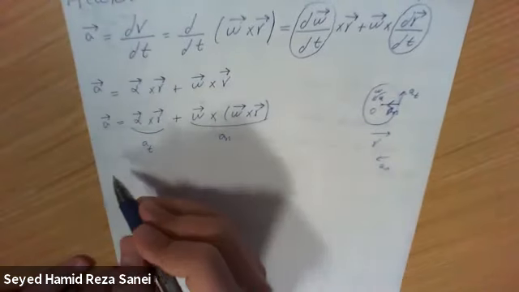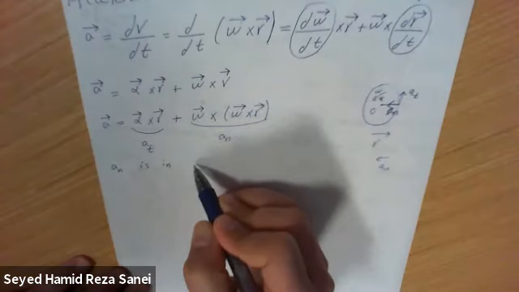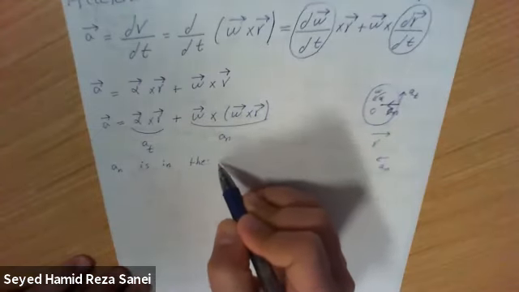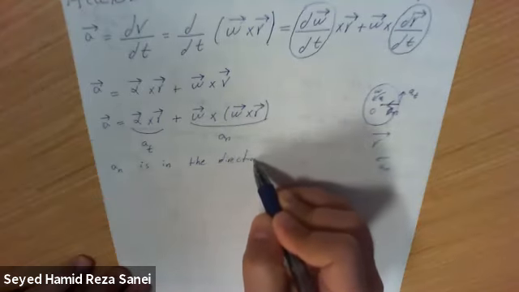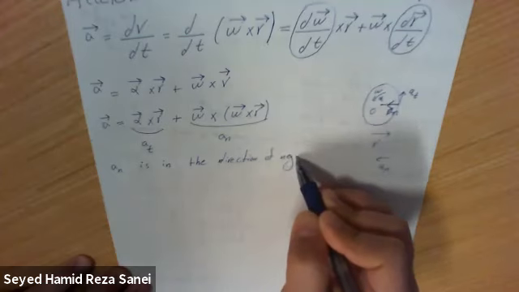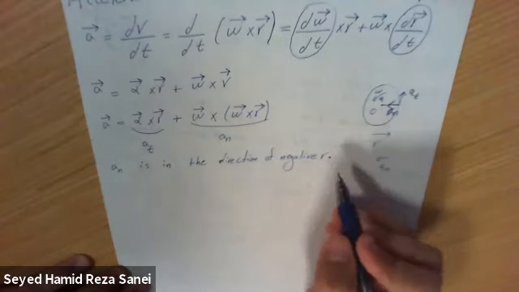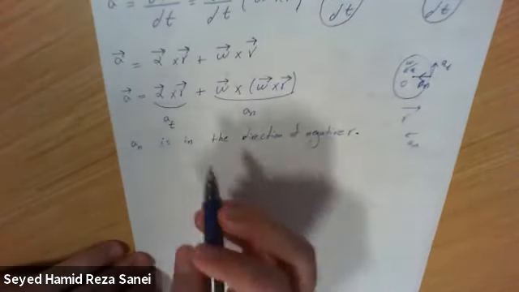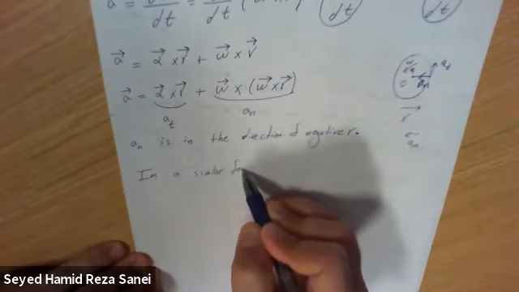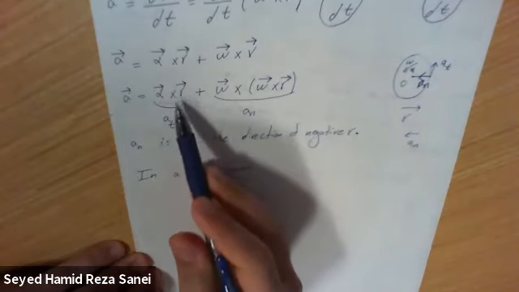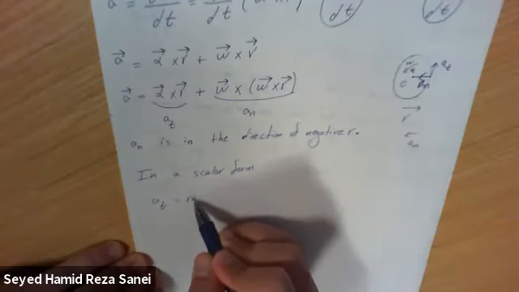So let's write: AN is in the direction of negative R. In a scalar form, AT is alpha cross R, which is simply R alpha.